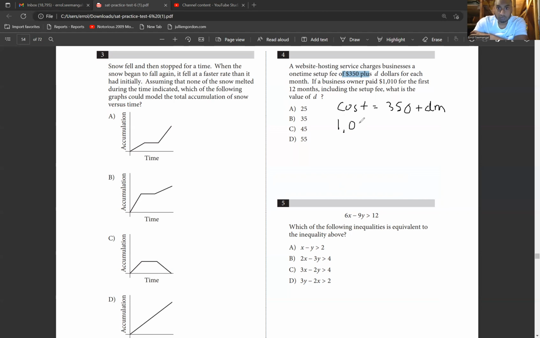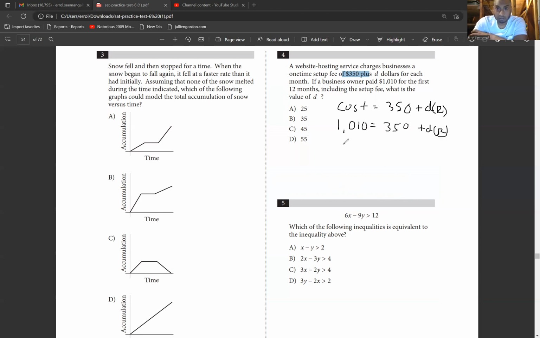So 350 plus D times M. For the first 12 months, M is 12, so 12D. Yeah, 12D or D12, same thing.